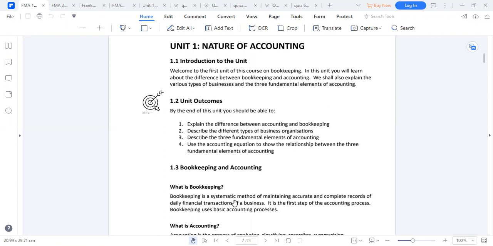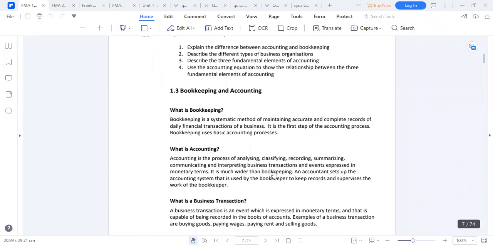So accounting is defined as a process of analyzing, classifying, recording, summarizing, communicating and interpreting business transactions and events that are expressed in terms of money. So we use monetary form.